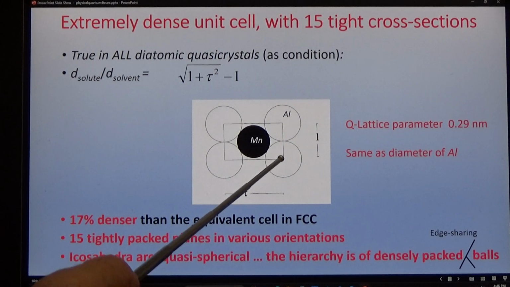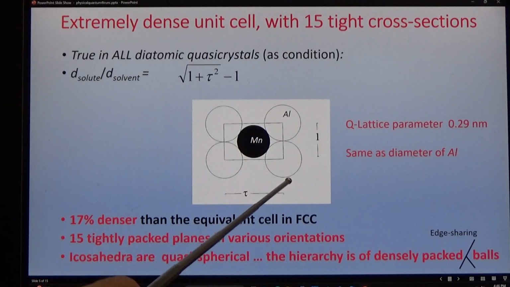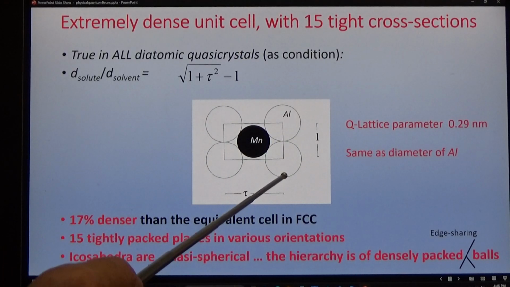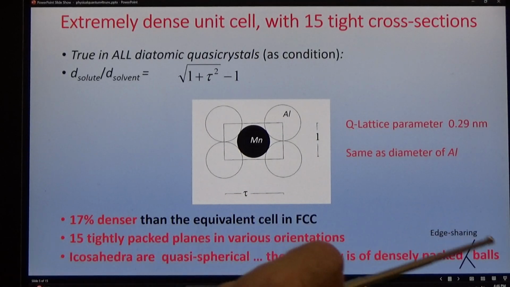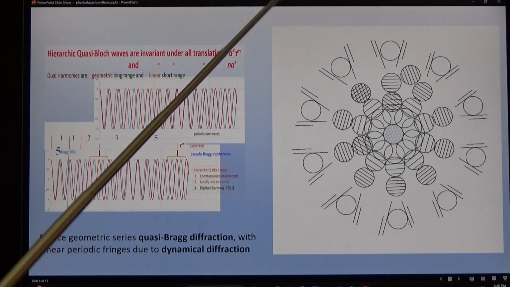And we find that it's the same as the diameter of aluminum, as it should be and has to be, and verifies both the structure and the method. So it's experimentally verified.